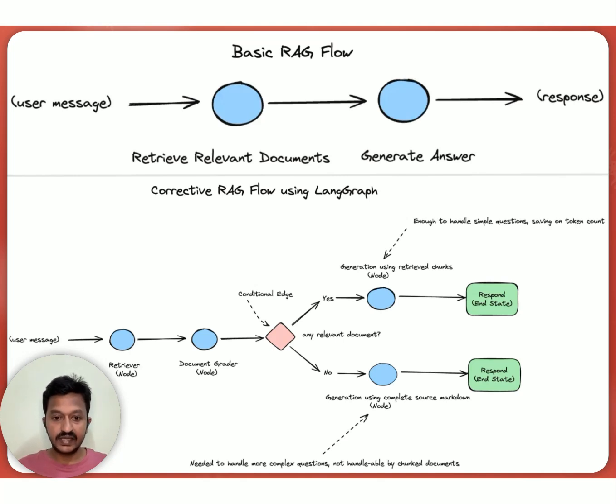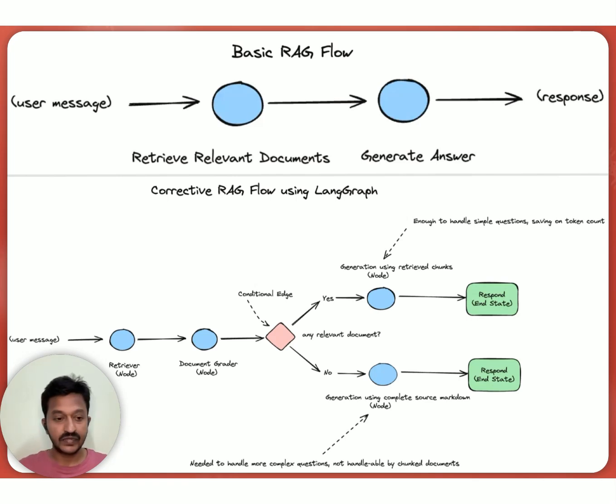So in the corrective RAG flow using LangGraph, we are going to grade the retrieved documents using any LLM like GPT-4, GPT-4o, and based on the grades, decide if the documents are relevant enough to generate an answer to the user query or question, or if we need to pass the whole document to give the LLM more context.